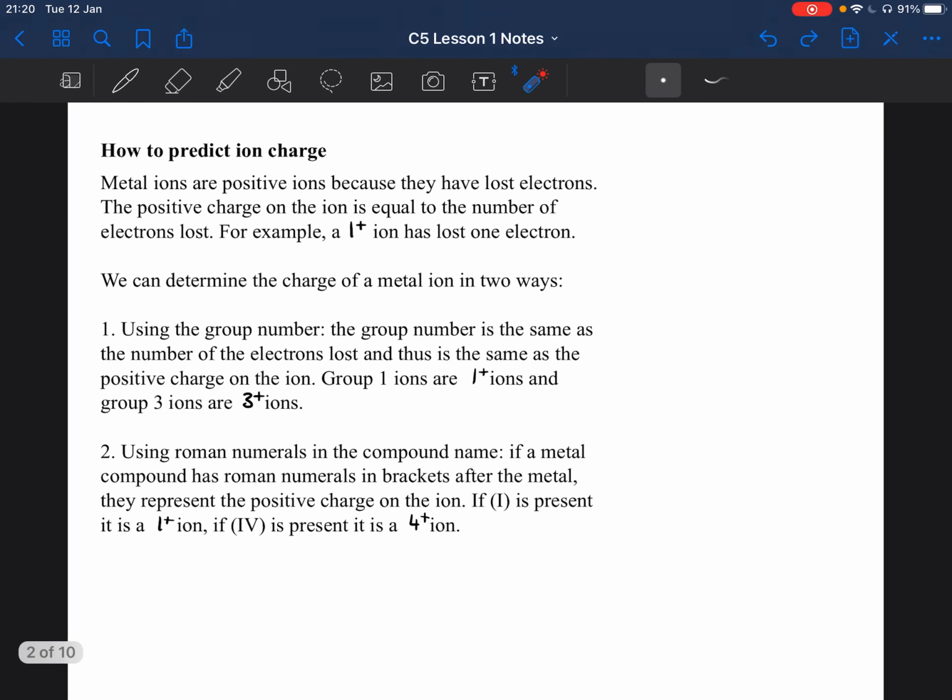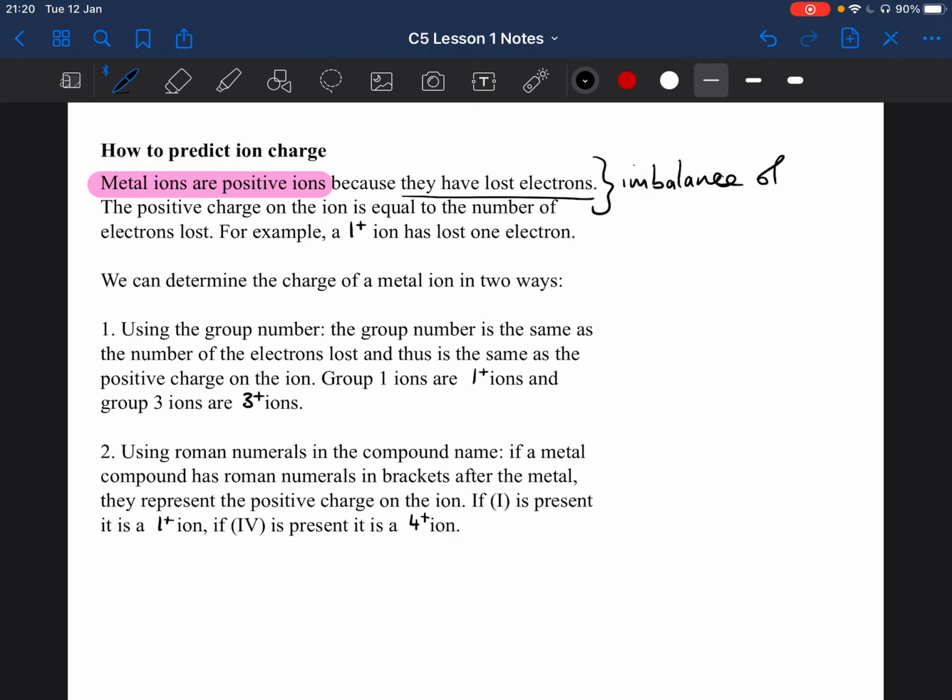So let's start with how to predict ion charge. And I'm going to start by looking at metals and the positive ions that they form. Metal atoms become positive ions because they have lost electrons. And because of that loss of electrons, we've got an imbalance of charges.